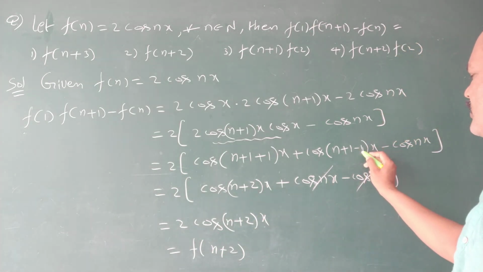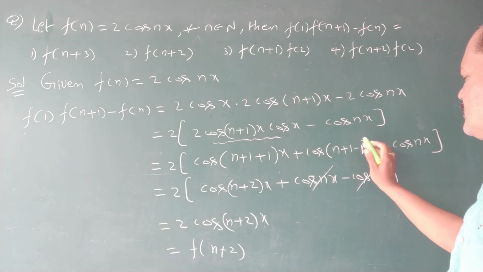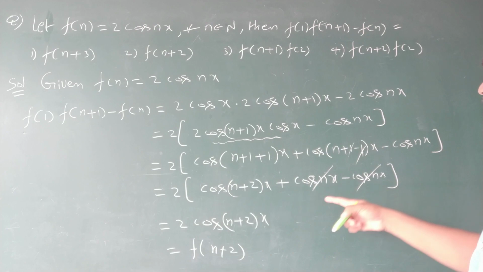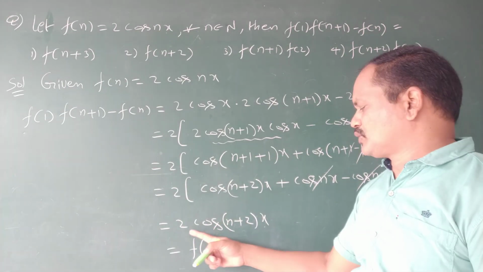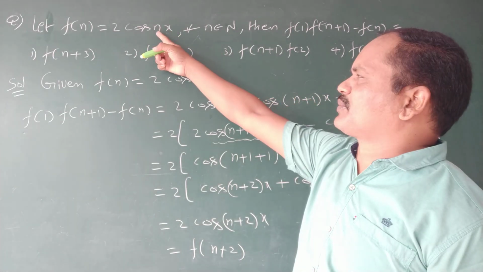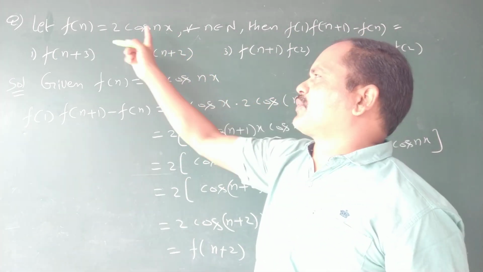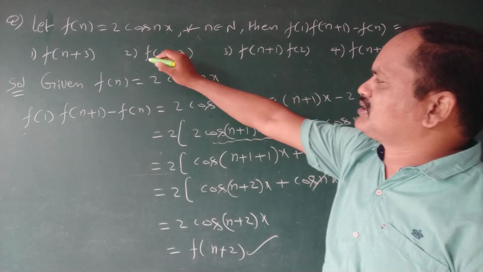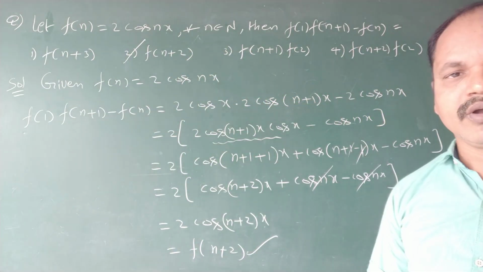So in place of n we write n plus 2, that is f of n plus 2. That's why this is the result, f of n plus 2, which is the second option. That's all. Now we are going to one more question.